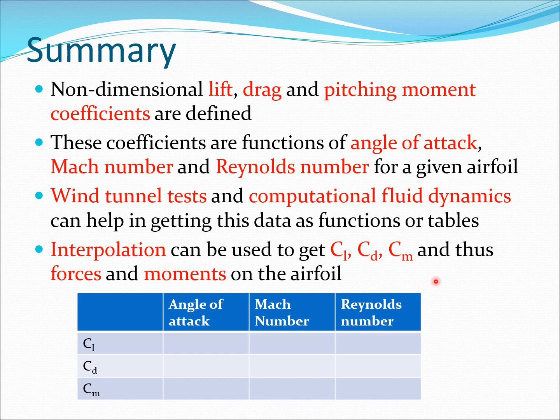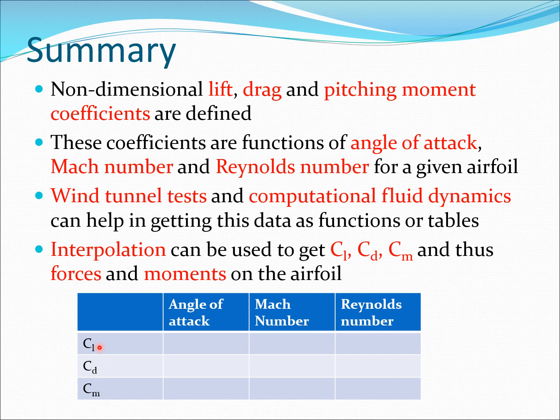And once we have CL, CD and CM, we can calculate the forces and moments on the airfoil or the wing section. So do remember that if I have CL, CD, CM, then if I can get the dynamic pressure, the wing area, the chord and so on, I can very easily calculate the forces and moments. So in many cases, you have this data available in tables like this.